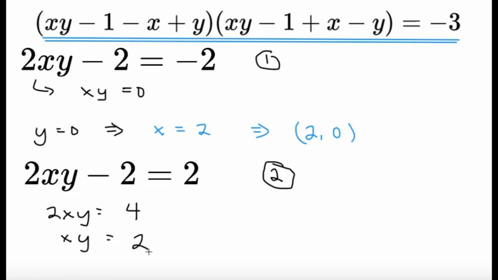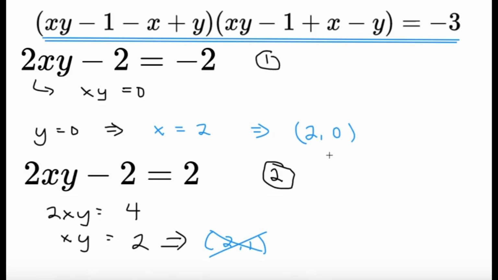Now take note, x and y are non-negative integers, so the factors of 2 are only 2 and 1. So we must have the ordered pair 2, 1 to satisfy. However, if you try 2, 1 in this equation above, you'll find that this is not the case, and 2, 1 will not satisfy this equation. So from this, we can conclude that only one works.